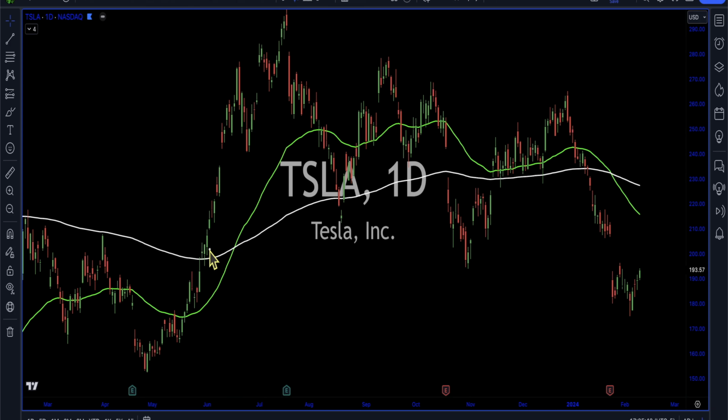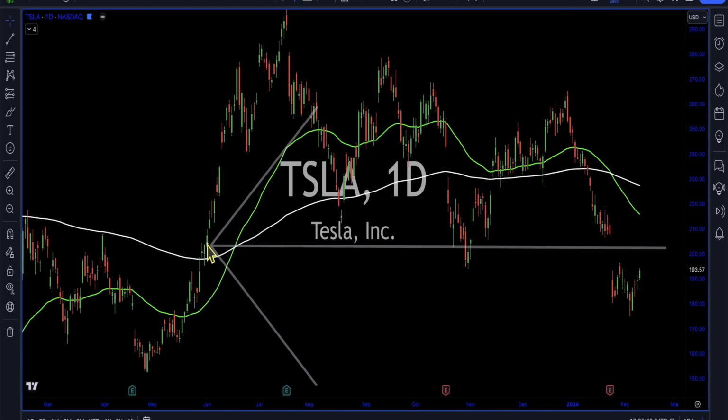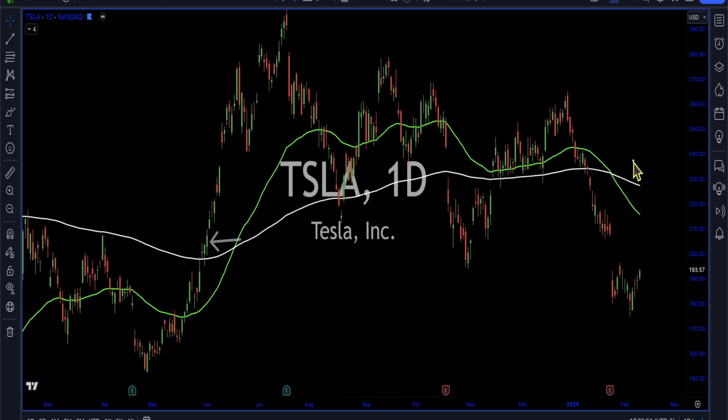If you entered the stock here in the 200-day, you're looking at the 200 range. So $200. Let's say you waited to exit here. You get an alert and you said, I'm going to get out when it falls below it. It's about 235.